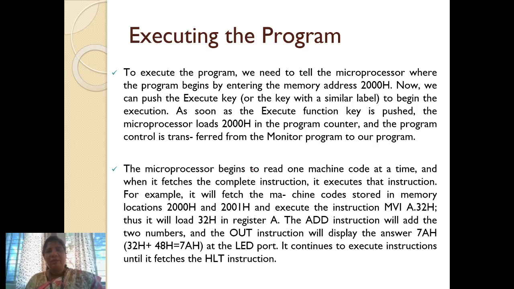So it will load 32H in register A. The add instruction will add the two numbers, and the OUT instruction will display the answer 7AH at the LED port. It continues to execute instructions until it fetches the halt instruction. Then it will end the program. I hope you understood the writing and execution of the assembly language program. Thank you.